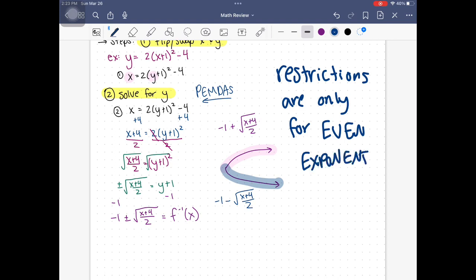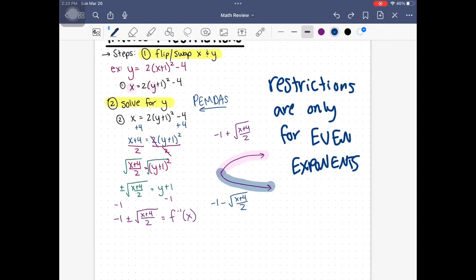The reason for that is if I do a quadratic, it does not pass the horizontal line test, okay? That is an even exponent. Now, if I have a cubic function, it passes the horizontal line test. Therefore, I know the new function is already going to be a function. I don't have to limit it. Okay, so that's what the restrictions are.